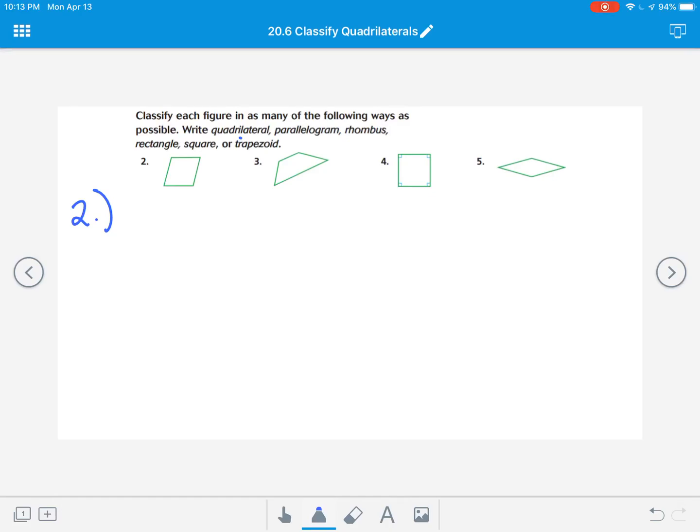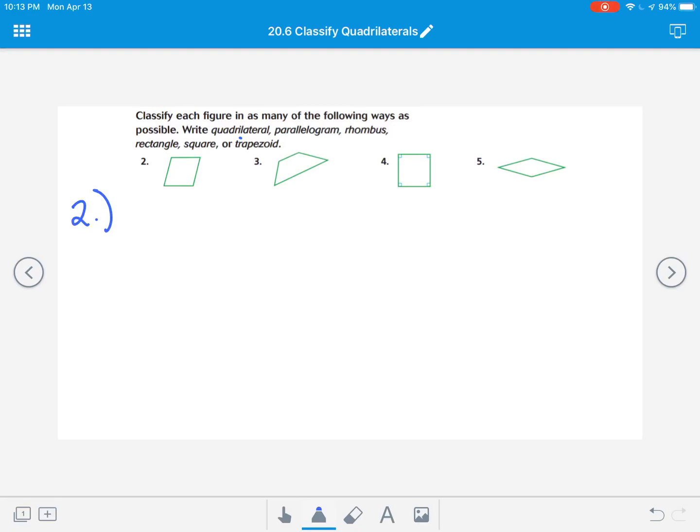It just means it has to have 4 sides. Parallelogram means it has to have 2 sets of parallel sides. Rhombus means that it needs to have 2 sets of parallel sides and all sides equal, like a square that's squished, or a square can also be a rhombus. Rectangles, we've talked about squares, and then trapezoids as well.